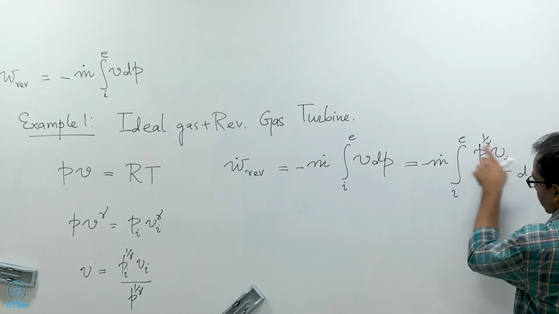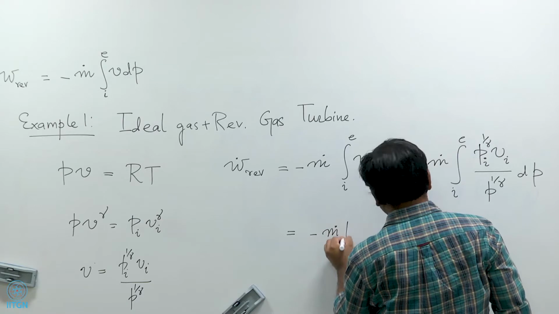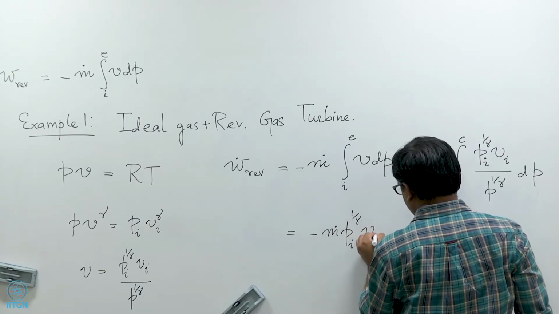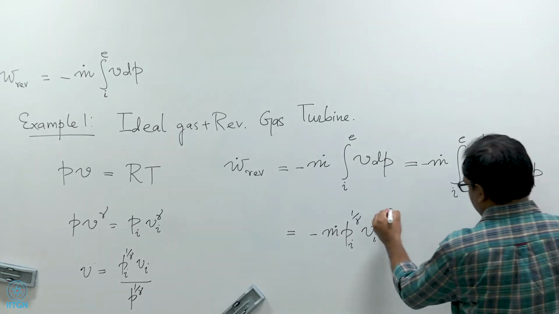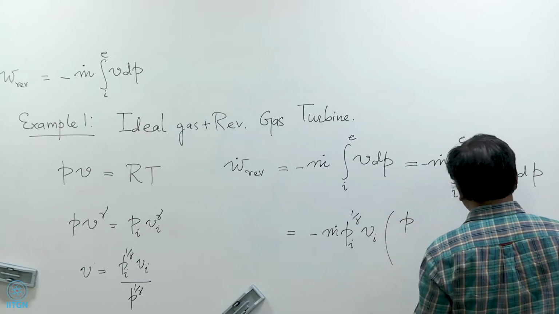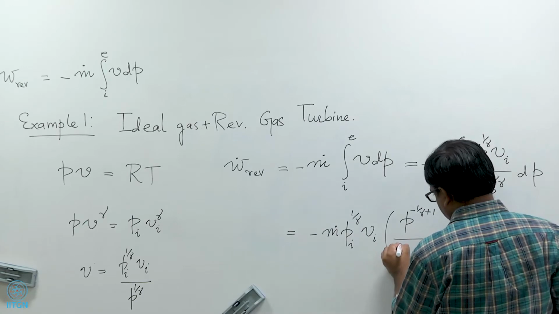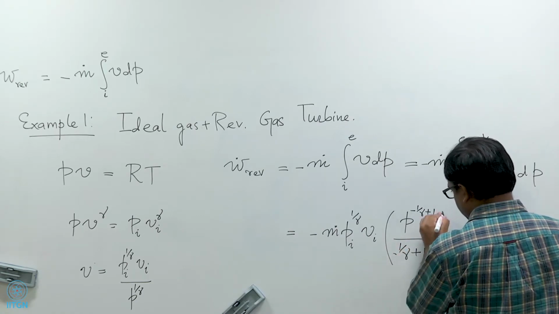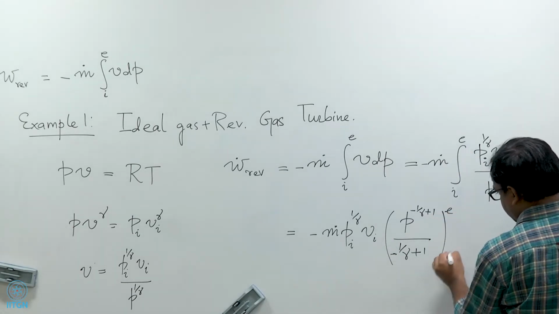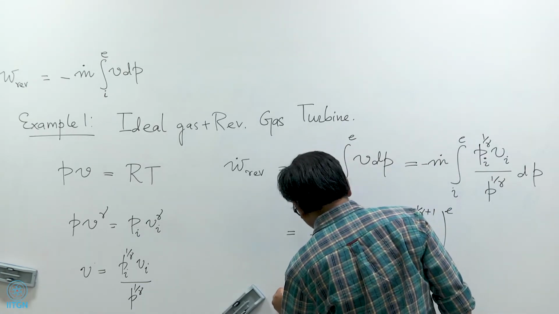These are constants, so I can pull them out of the integral and write minus m dot Pi to the power 1 upon gamma times Vi. Then I can carry out the integral: it is P to the power minus 1 by gamma plus 1, divided by minus 1 by gamma plus 1, between E and I. This is just simple algebra and I am sure that you can do it better than me.